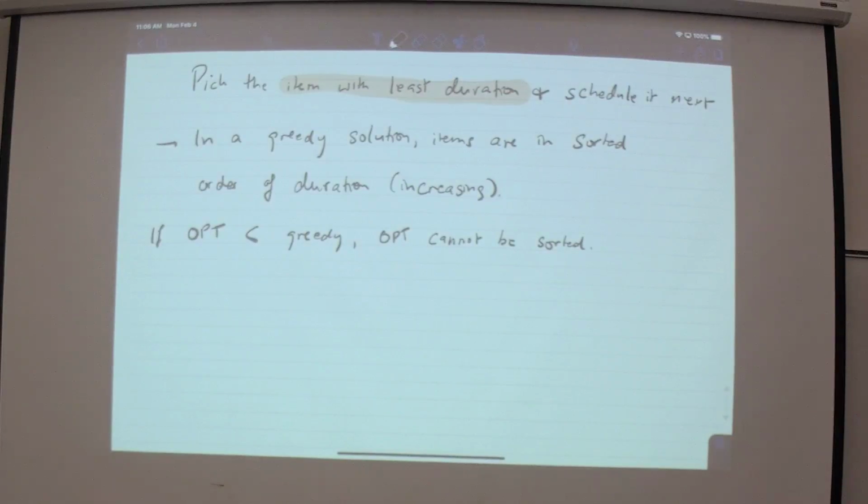Right? Therefore, there must exist items i and j such that the duration of i is less than the duration of j, right?